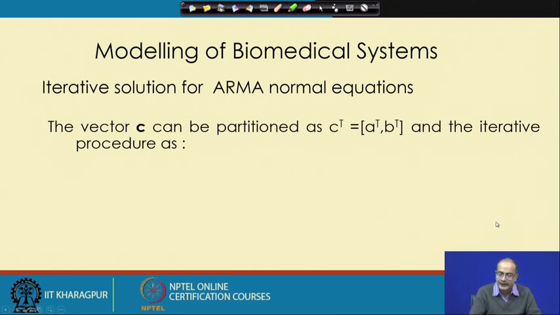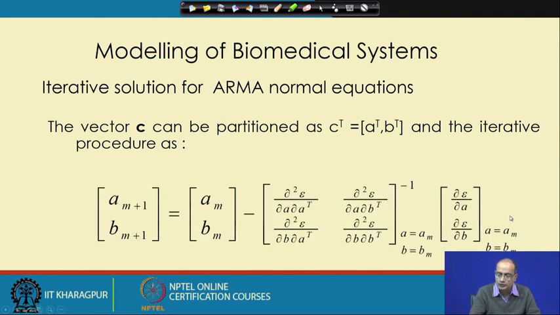And for that part we can partition it into two parts to make it simple. As C is the concatenation of A and B, or rather A transposed and B transposed, we can write the update equation in this form, where we have to compute the inverse also.